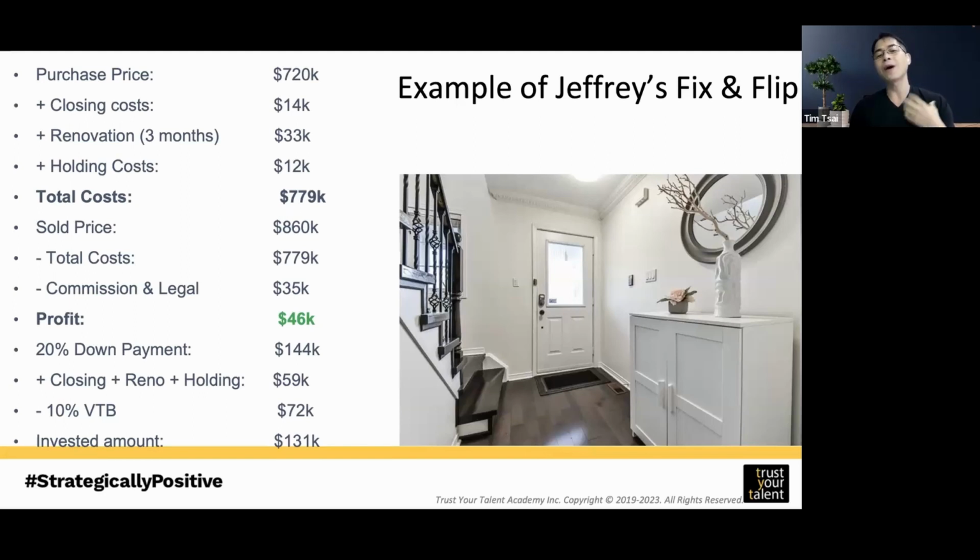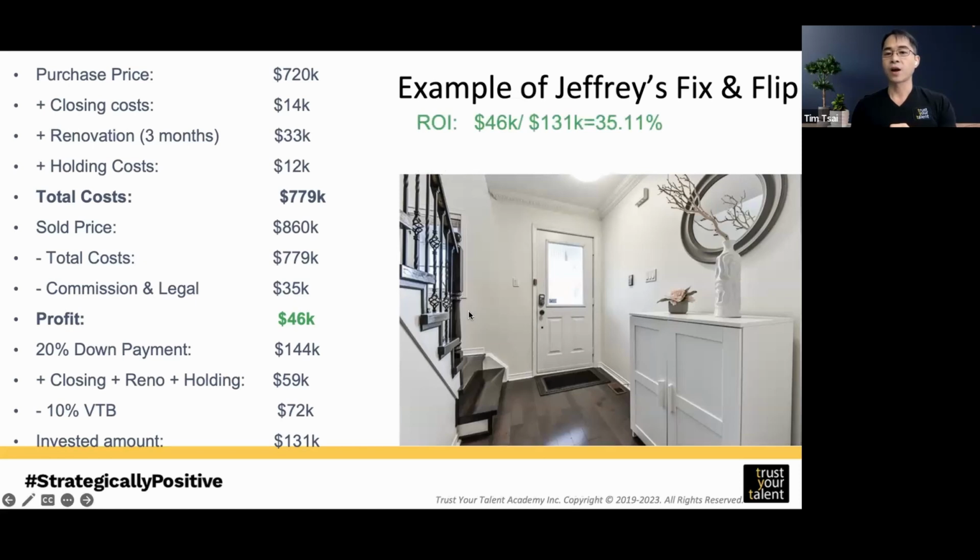So really, total out of pocket in this case for Jeffrey is only 131,000. Without the vendor take back, it would have been 203,000. So again, the amount goes down, the overall return on investment number will improve.